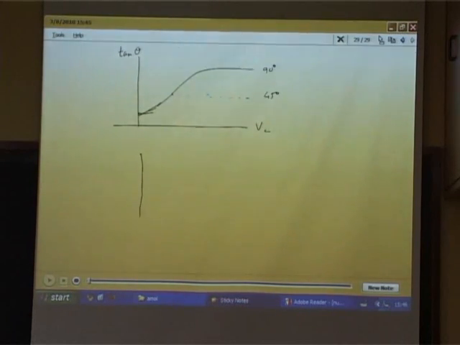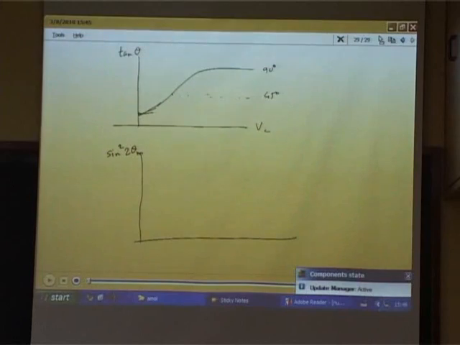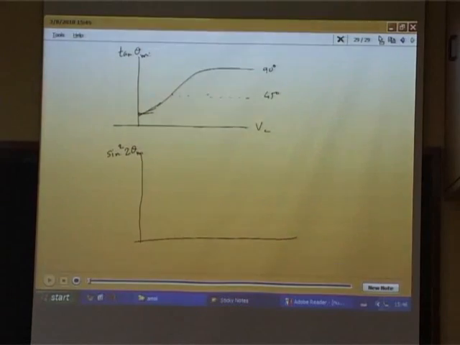Another way of writing it is drawing the quantity which is sine square 2 theta. I will ask you to draw these quantities in your assignment. I just indicate to you what the shape is. Now see, sine square 2 theta is again a quantity which will become maximum at theta m equal to 45.